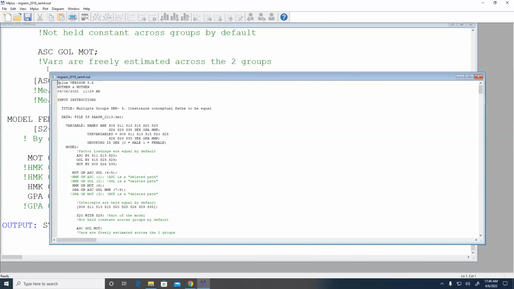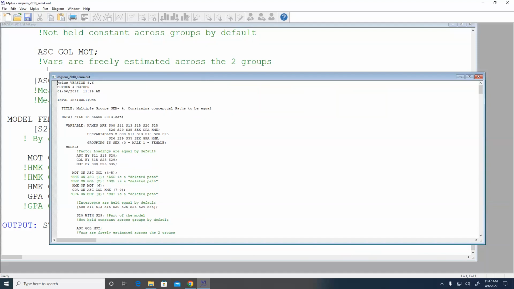Yes, Katie. No, well, it's the same logic that we were using before. So first we constrain, and then having constrained, is it statistically significantly different from 0?